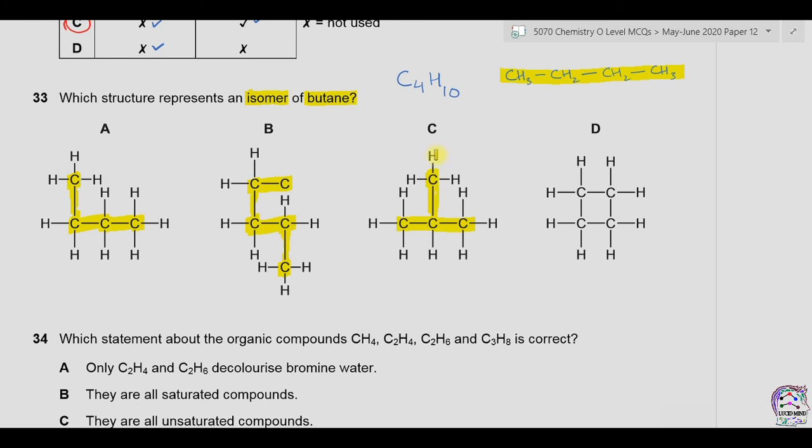So it could be the possible option. In D we have 4 carbon atoms in the cyclic form. So A and B are incorrect, while in C the molecular formula is C4H10. In D the molecular formula is C4 and there are 8 hydrogen atoms. In isomer the formula must be same, so therefore the option is C.